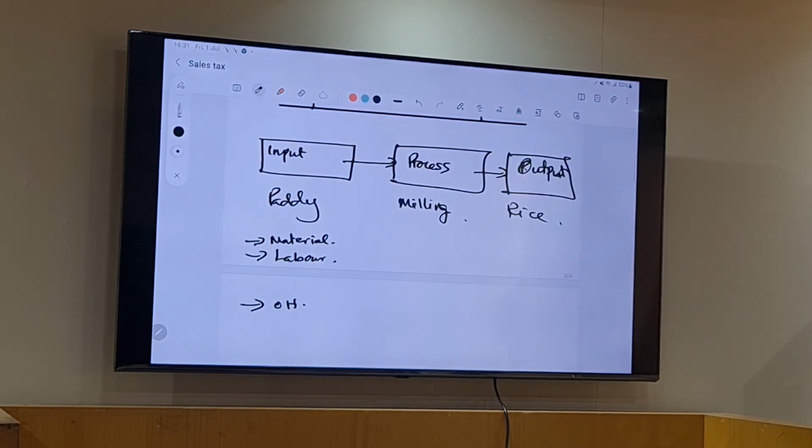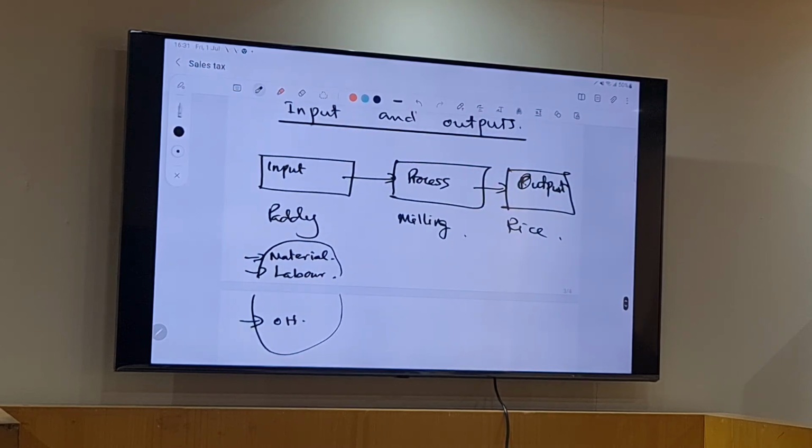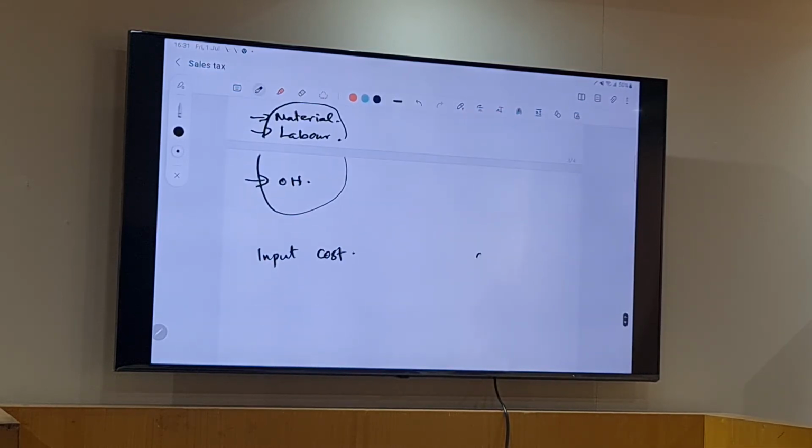When I talk about these three, do we incur expense or not? We incur expense. So that expense we call input cost. And because of completing the process, we have something to sell, which we call output.